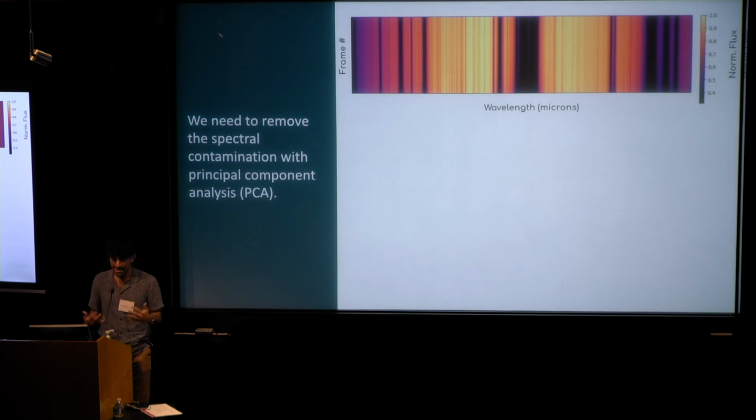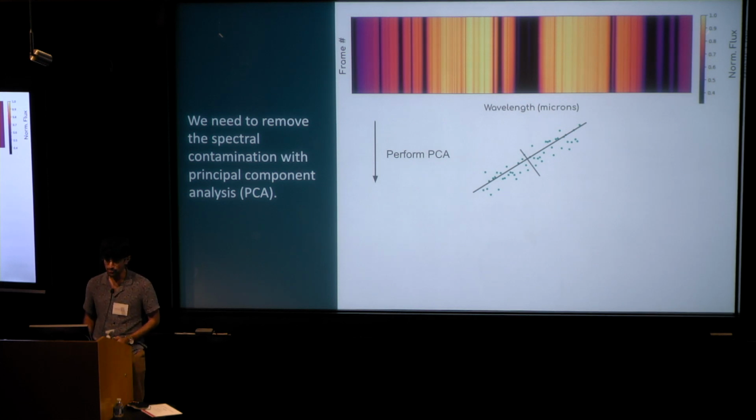And if we want to get rid of all of these very, very strong spectral features that aren't from the planet itself, we want to get rid of, to reframe the question, these high variance with respect to wavelength bits and pieces, components. Luckily, there's a whole set of algorithms related to principal component analysis, PCA, that can help us with this problem.